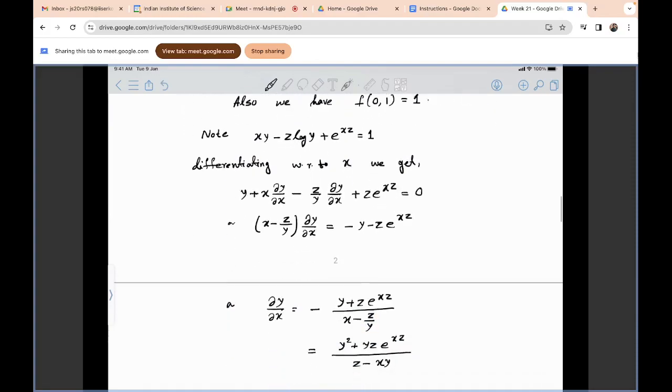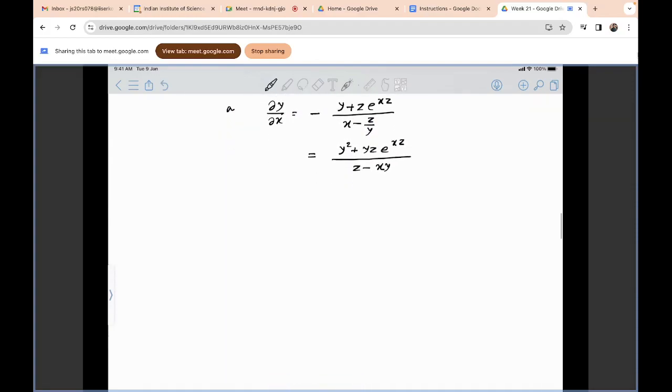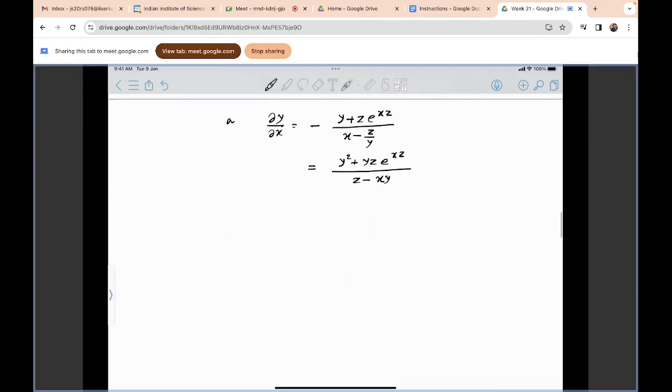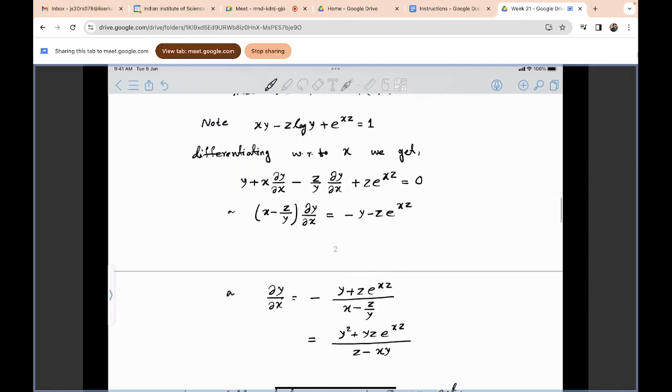Now we have to find del y by del z. So we again differentiate with respect to z.